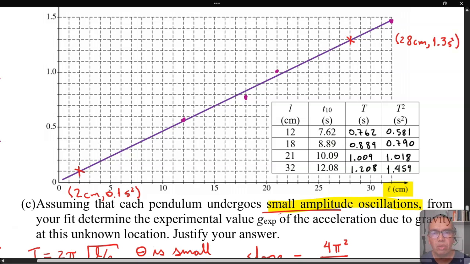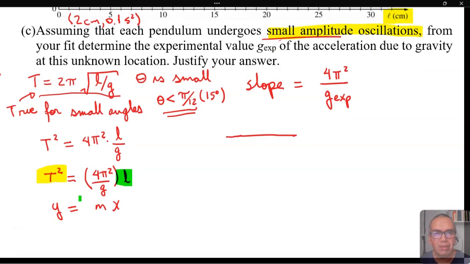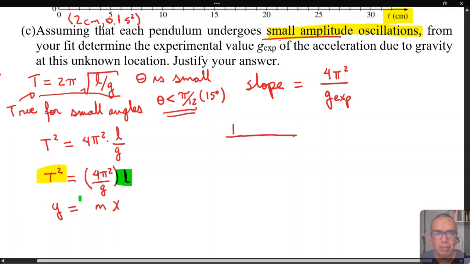And so if we use these 2 coordinates to get the slope, what you have on the left-hand side of this equation is 1.3 square seconds minus 0.1 square seconds divided by 28 centimeters minus 2 centimeters.